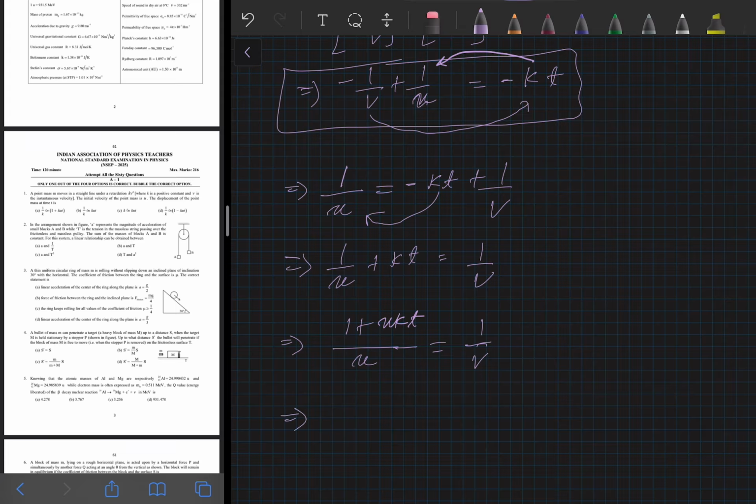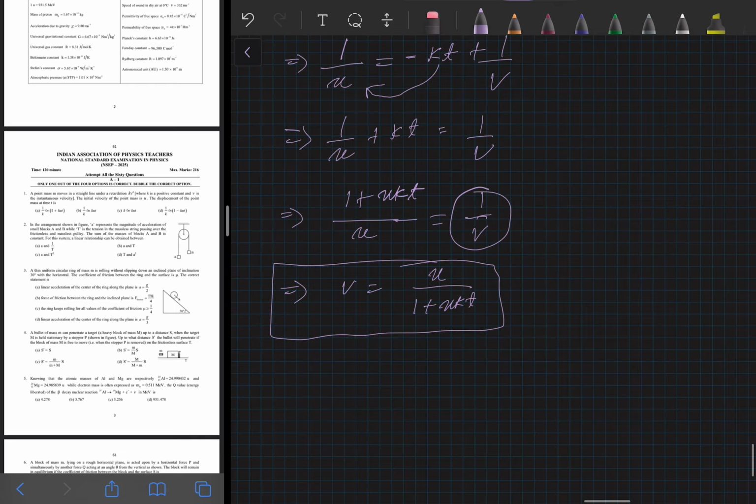In order to get it in terms of v, we are simply going to flip the equation and bring this term to the left hand side, just for clarity. So v equals u times 1 plus ukt. So this is the equation of velocity.